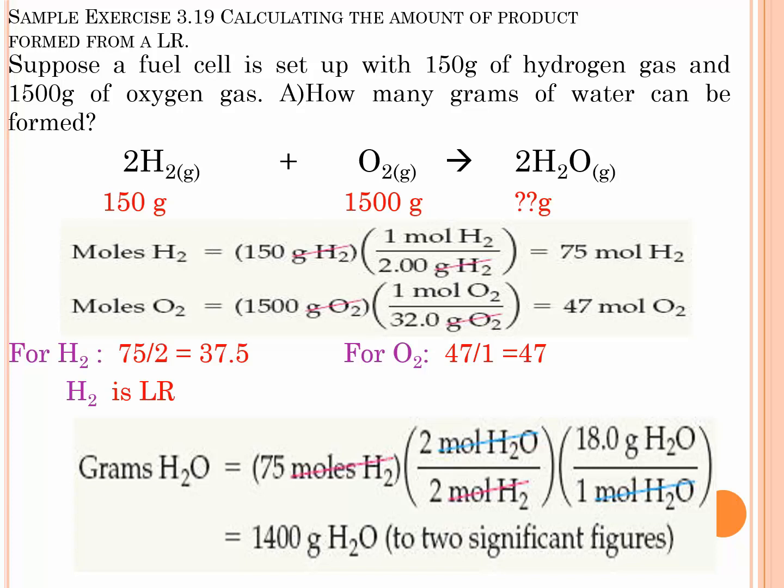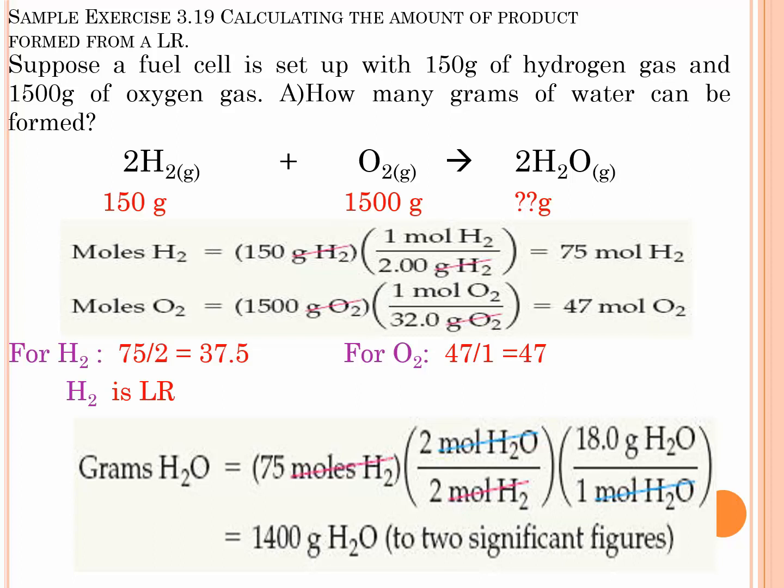Now, what is the coefficient for hydrogen? 2. So 75 divided by 2, it is 37.5. What is the coefficient for oxygen? 1. 47 divided by 1, 47. Which ratio is the smallest? Smaller is this ratio. So H2 is limiting, and it limits the amount of product. So you can say 2 produces 2, 75 produces how many?